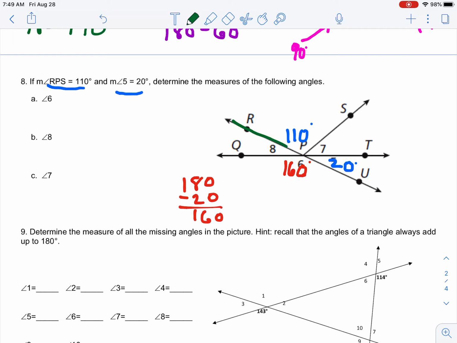If I highlight this line right here, the three angles, 20, angle 7, and 110, have to add up to 180 because they're on top of a straight line. So if I did 180 minus 110 minus 20, it leaves me with 50 left over for angle 7, so I could fill in a 50 here.